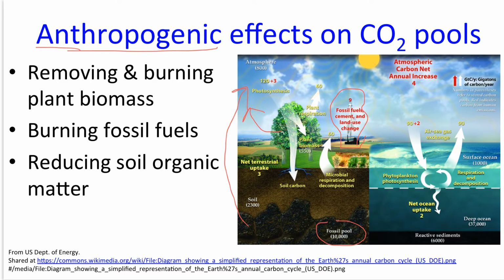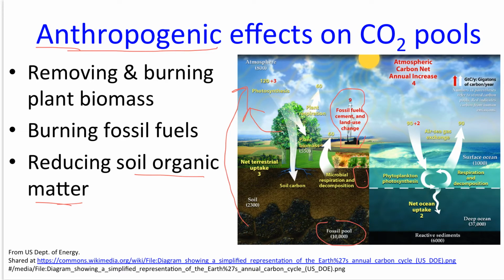And we can influence the pools if we reduce soil organic matter. So the way we can do this is oftentimes by things like agriculture. If we take natural vegetation, it often has a lot of organic matter in the soil. However, when we do things like plow fields, we turn that up and get it closer to the surface where it's more available for microbes, there's more oxygen around, and there might be more water around.